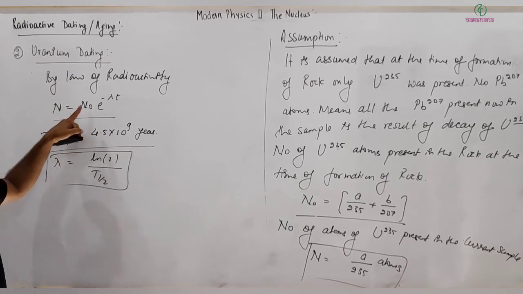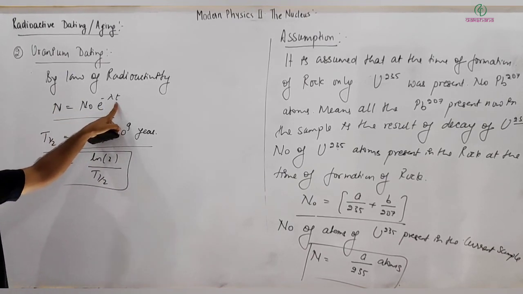Now we have N, we have N naught, we have everything, so we can get the value of t.